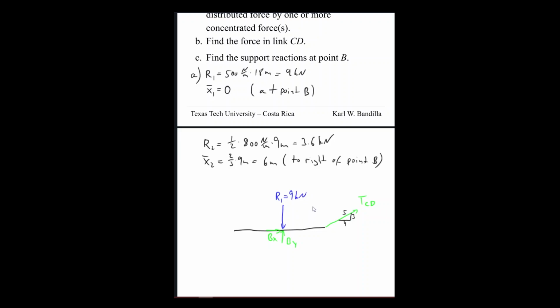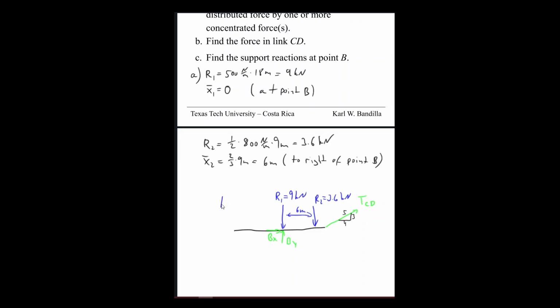And then we have another one acting somewhere here. That was R2, 3.6 kilonewton, and we knew that this distance was 6 meters. All right. With that, I think we are done.